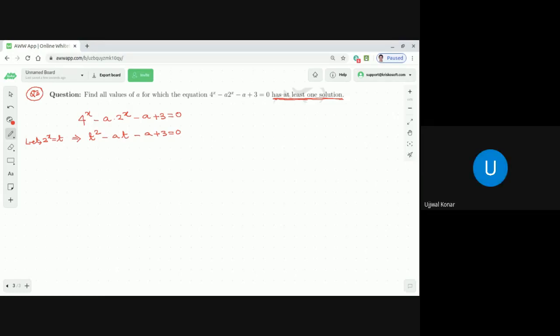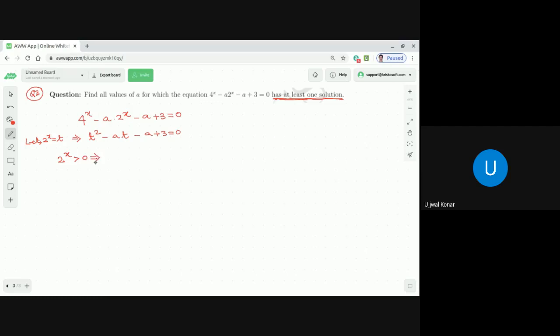After that, what will we do? So what is t? t is equal to 2 power x. Let's focus on that. 2 power x should always be greater than 0, dear student. Whatever the value of x is, 2 power x will always be greater than 0. So 2 power x is always greater than 0.